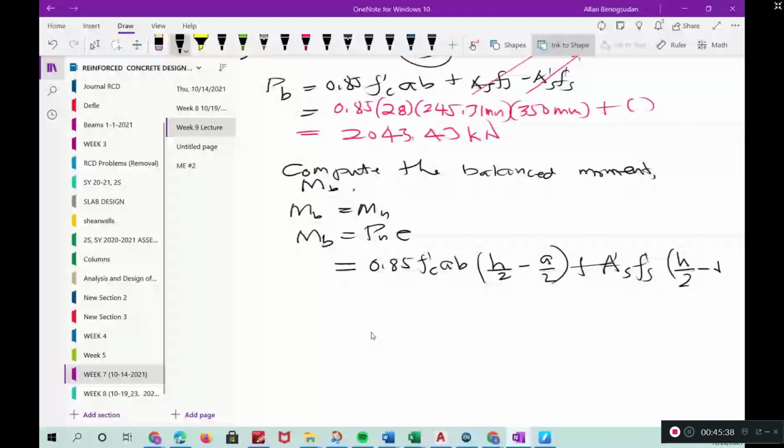Minus b prime. Ano, makukuha na ba ninyo kung saan tayo ng moment? Plus as, fs, then d minus h over 2. Tell me, saan tayo nag-moment?